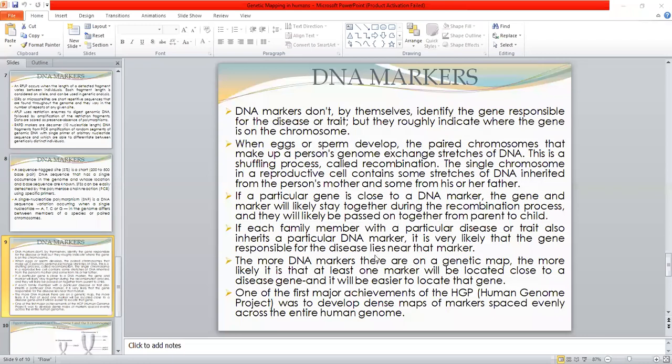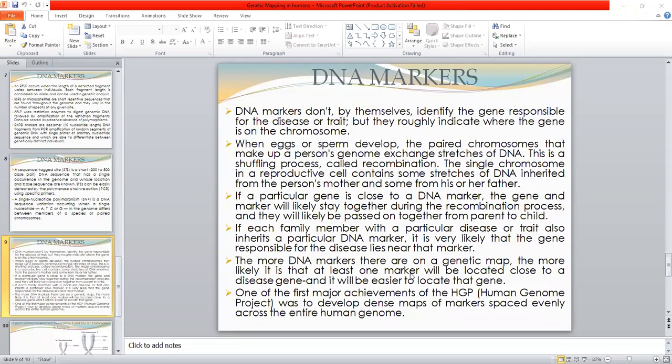The more DNA markers there are on a genetic map, the more likely it is that at least one marker will be located close to a disease gene, and it will be easier to locate that gene. So during genetic map construction, the number of markers should be large enough. This large number of markers assures that there is a marker close to the gene associated with the particular disease or trait of interest.